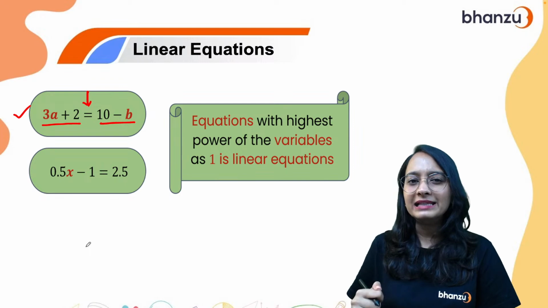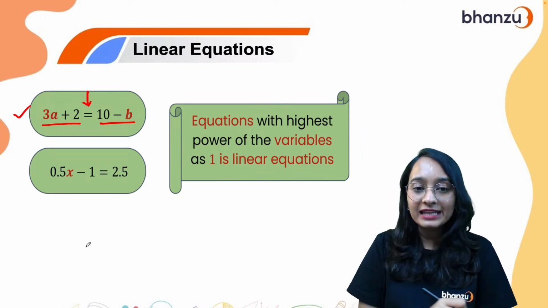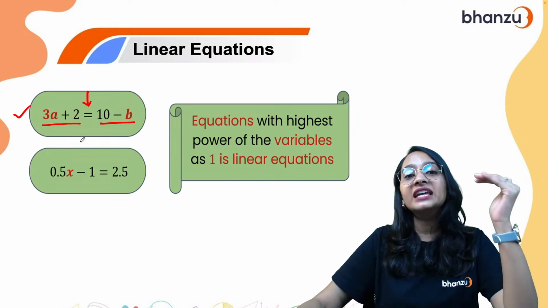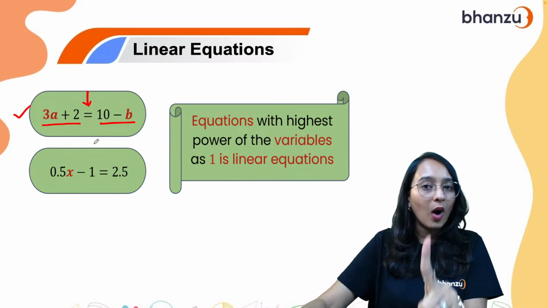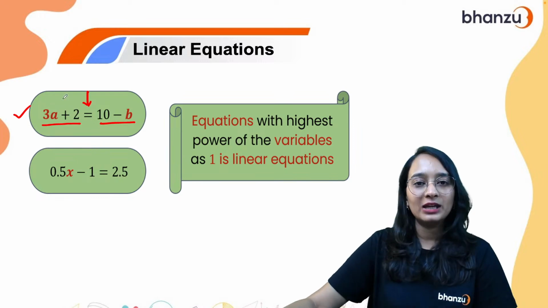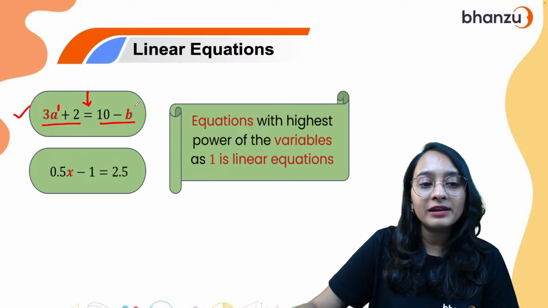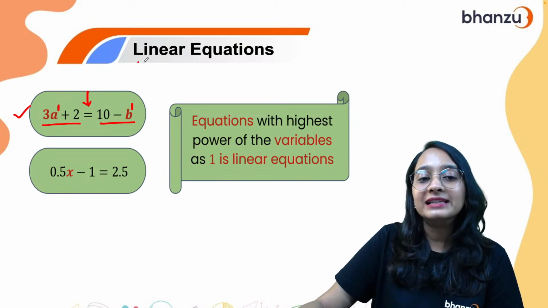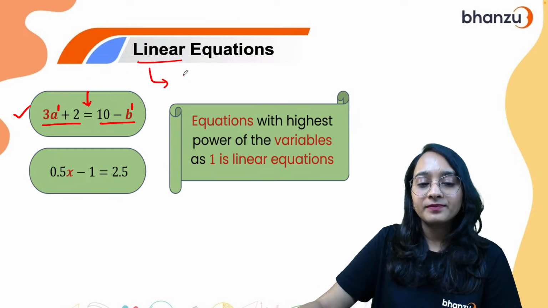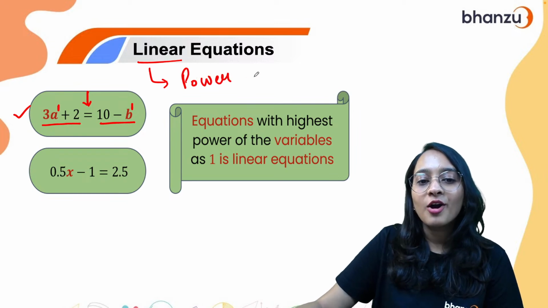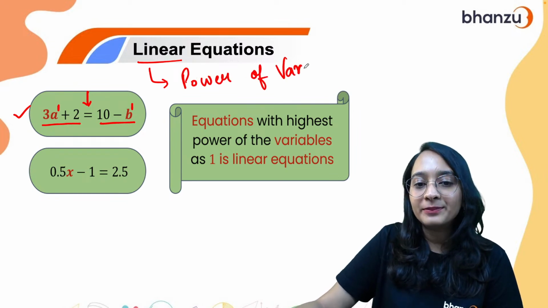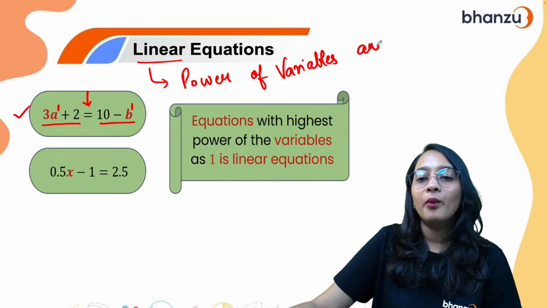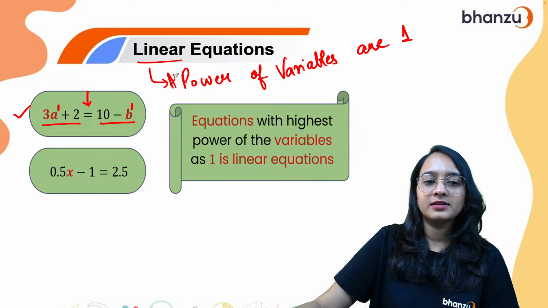Then what is this linear? It's called as linear because the equation which has the highest power of the variable as 1, it is linear equation. So the power of the variable here is 1. The highest power is 1. So that is why it is linear, where all the powers of the variables are 1.